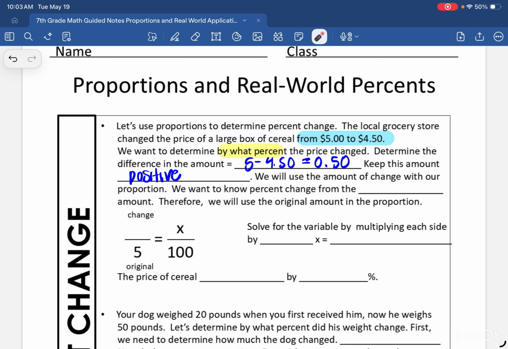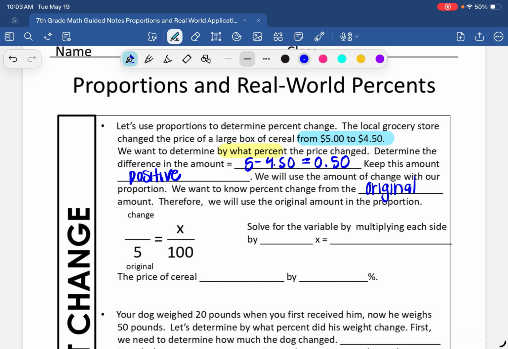We want to know percent change from the original amount. Therefore, we will use the original amount in the proportion. So we're figuring out by what percent it changed, so the change has to be in the proportion. My change is 50 cents, or 0.50.